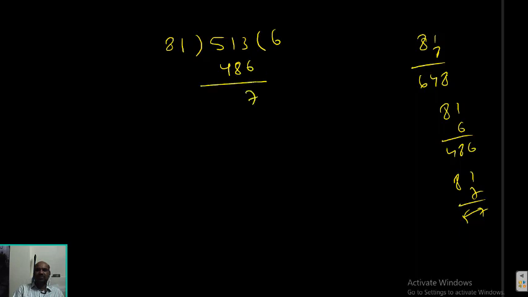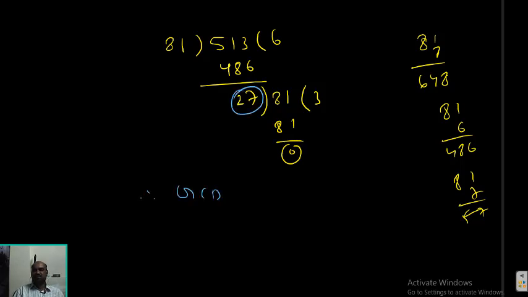Subtract: 27. 81 3s are 27, 3s are 81 only. Remainder 0. What is the meaning of that? This is the GCD of 81 and 513. Therefore, the GCD of 81 and 513 is 27.